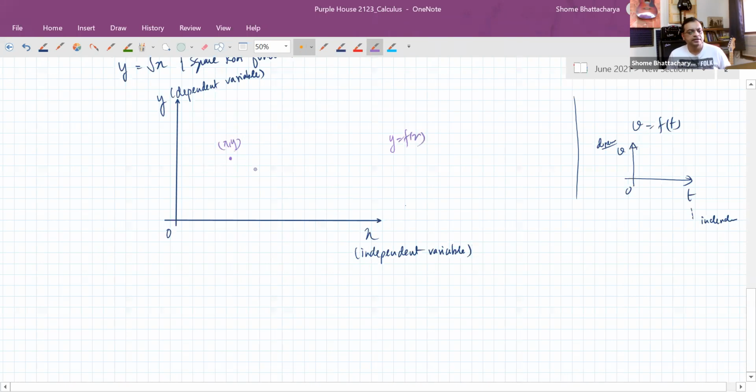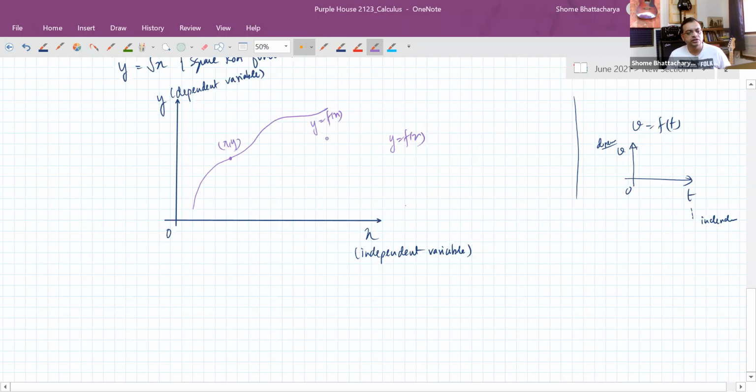Then we plot other coordinates of x and calculate the values of y. So we plot all these various different points, and we join them with the smoothest possible curve. So this curve represents the function y equal to f(x).